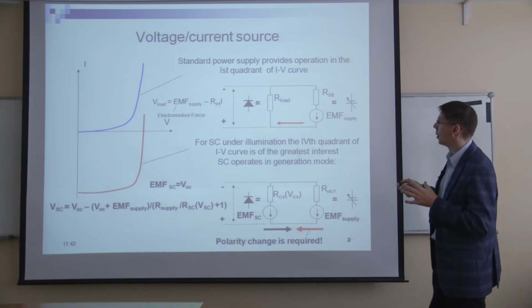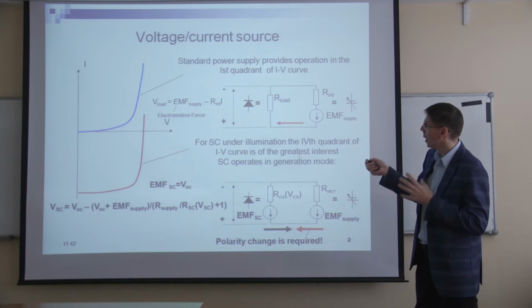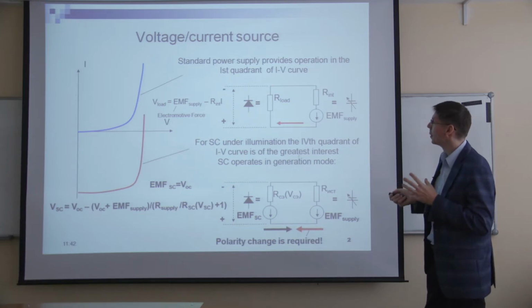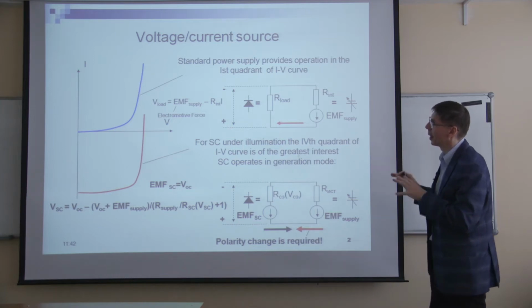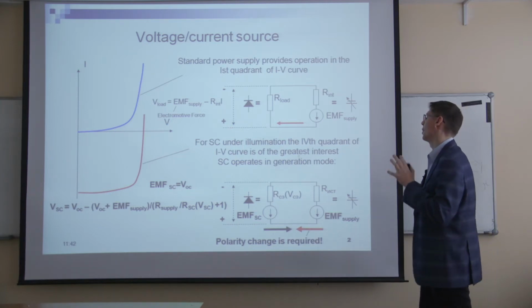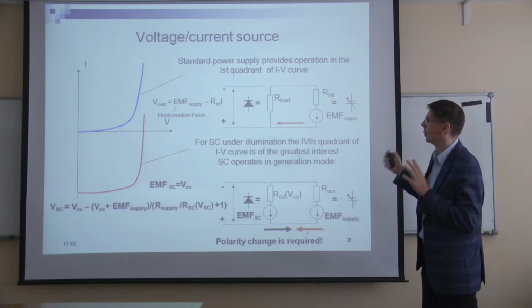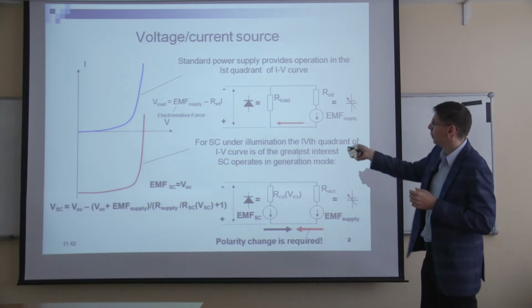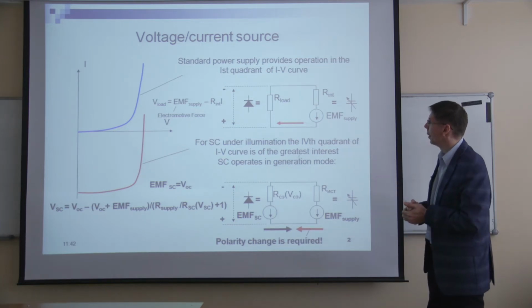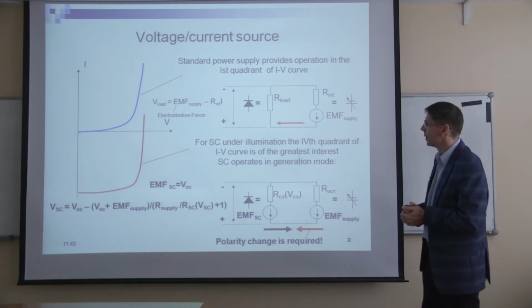If you have a look at this equivalent circuit, we can see for the dark measurements, actually, it's nice. We can replace our solar cell by some load resistance in the dark.